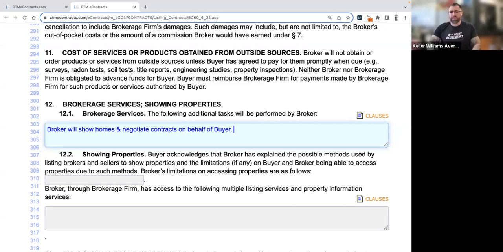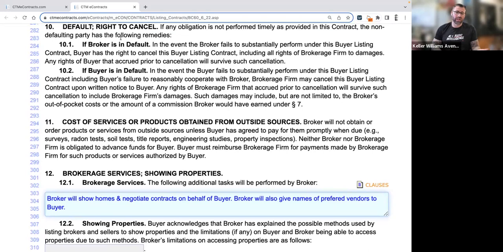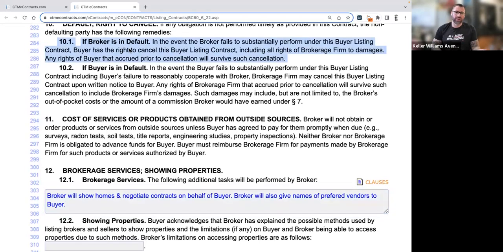You could also put something like, broker will also give names of preferred vendors to buyer. You can put that kind of stuff, I think that's safe. Don't put anything in there that they could come back on and say, well, you didn't do that, so now you're in default and you're fired. All right, guys, be very careful.